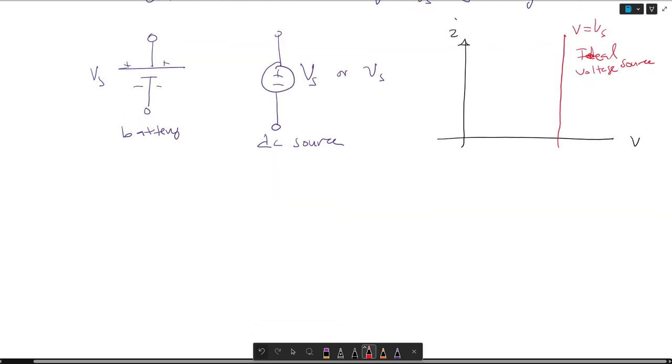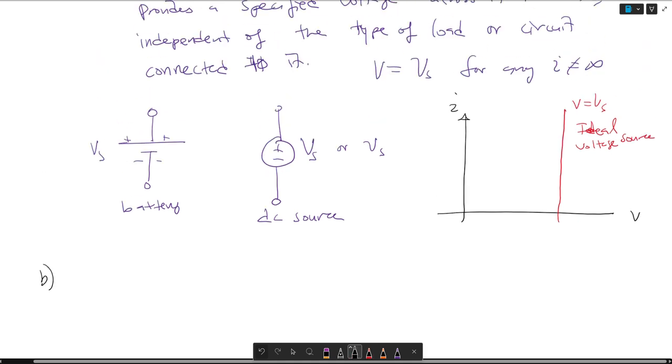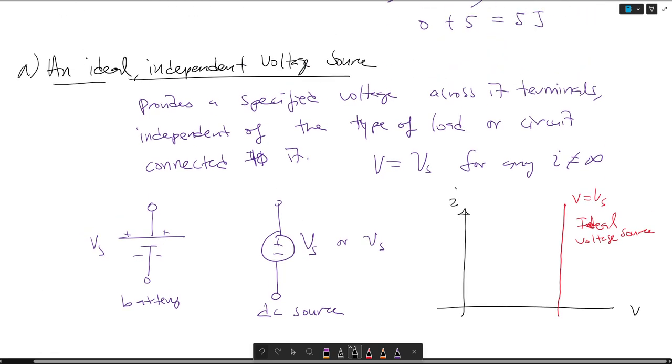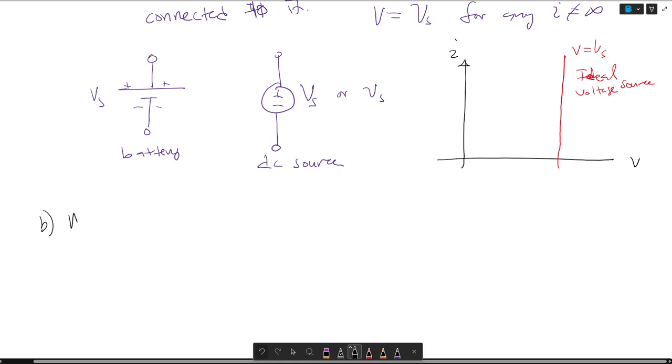But since we live in the real world, we need to consider B. So this was A. We need to consider a real voltage source.